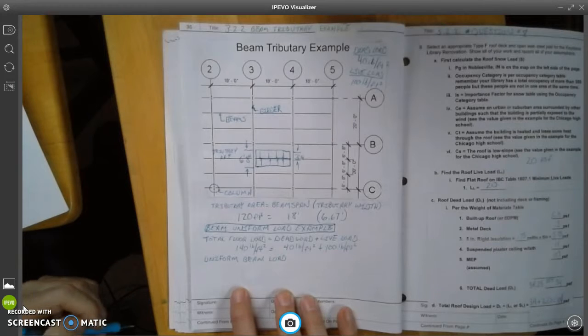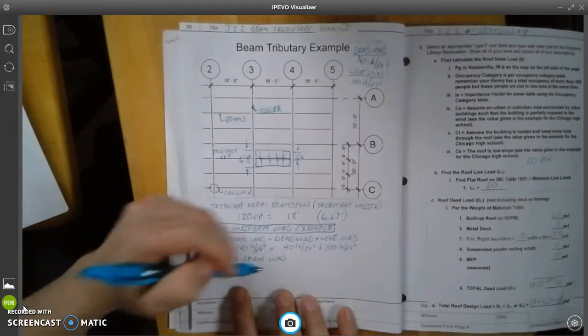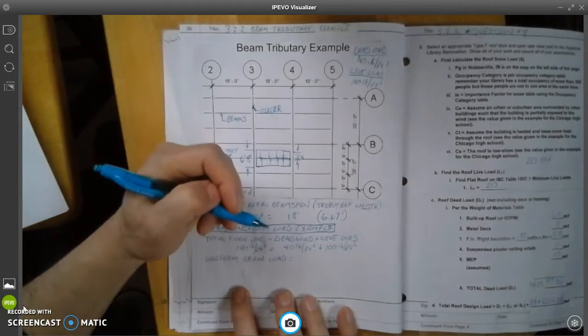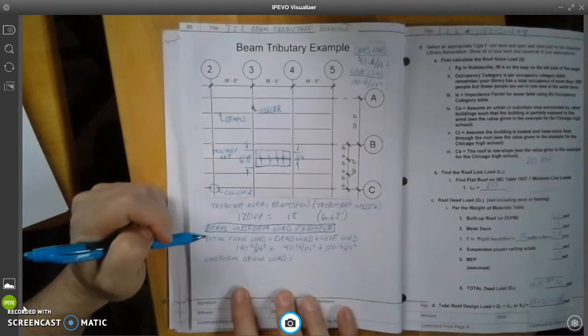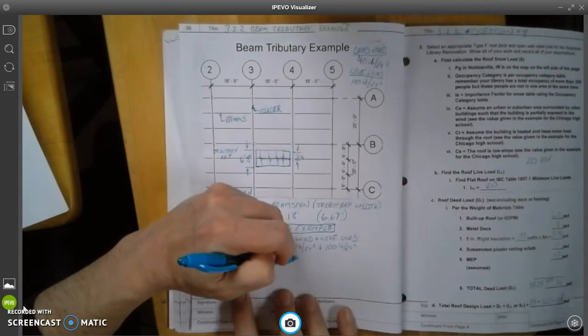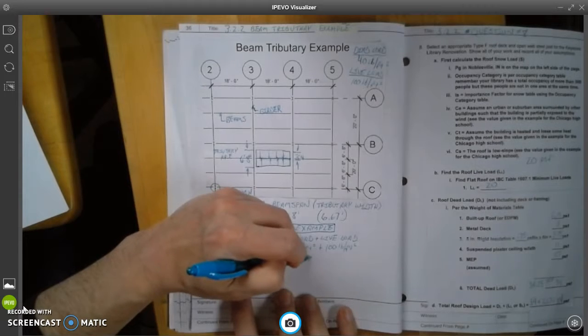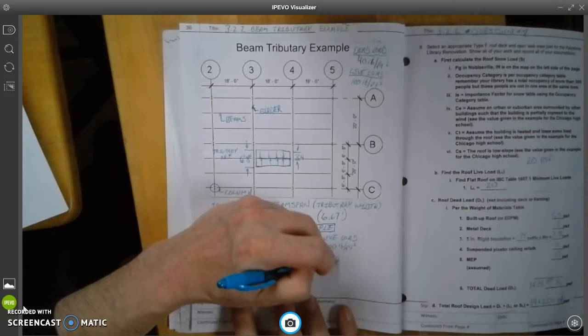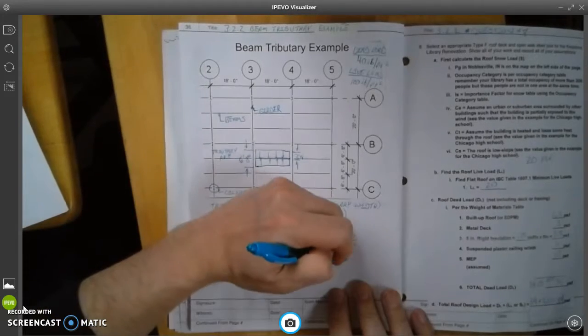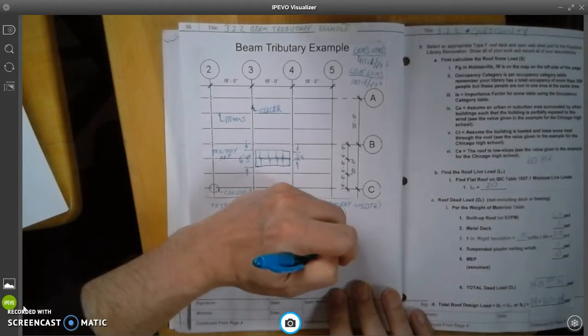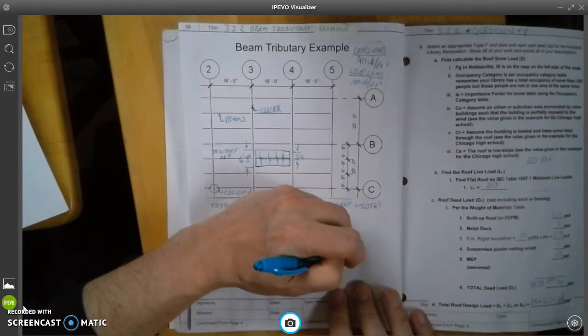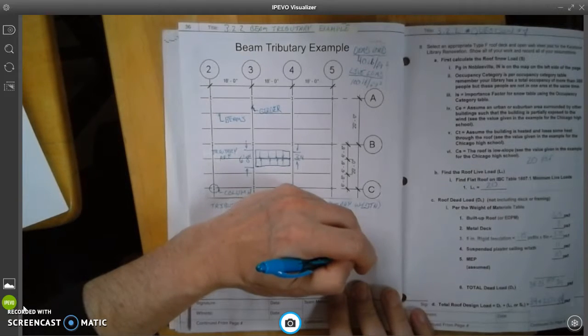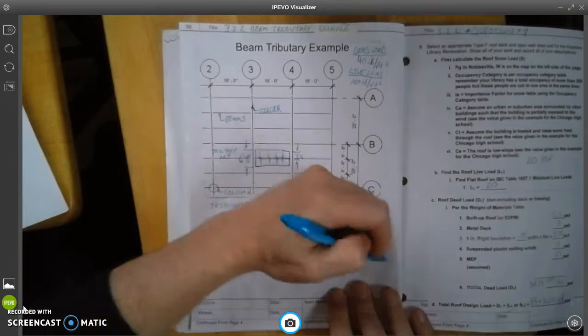And that uniform beam load is going to be equal to the floor load times the tributary width.